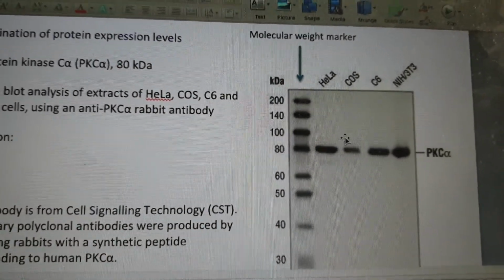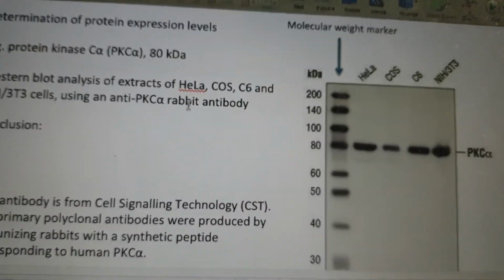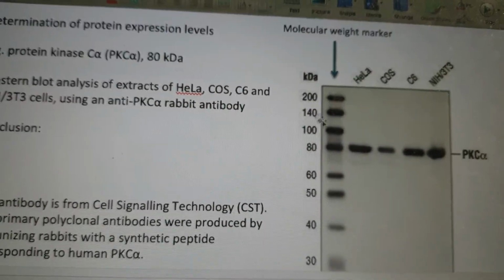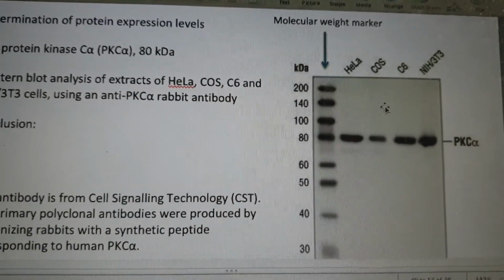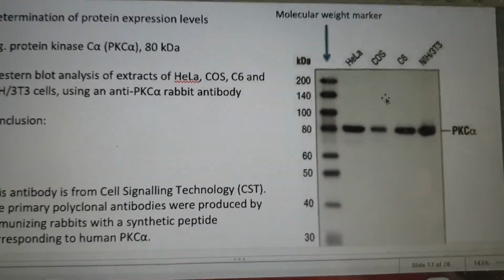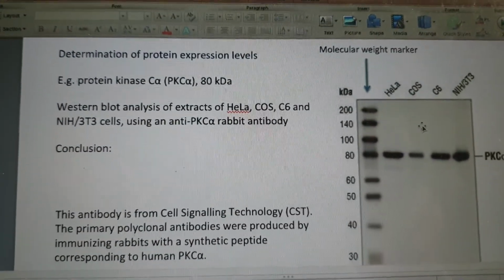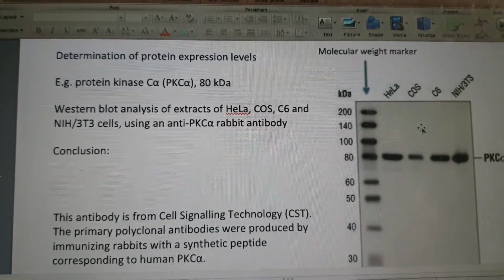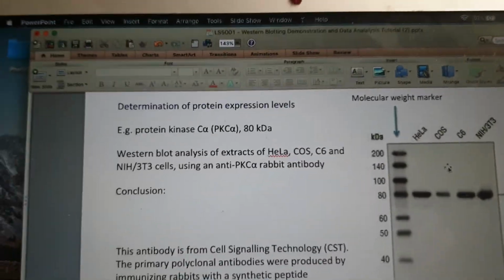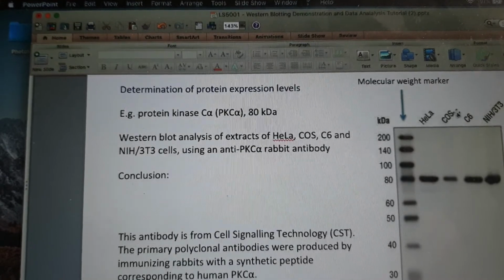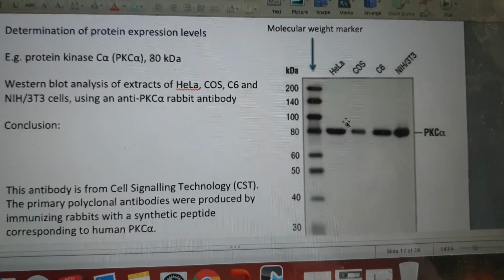Well, we know that the primary antibody, which is made from a rabbit, is going to bind to our PKC, and then when we add our secondary antibody, which would probably come from a goat or a donkey, that secondary antibody is complementary and specific, and therefore will bind to a primary rabbit antibody. So if we have less of our protein of interest, protein kinase C alpha, we have fewer primary antibodies binding.